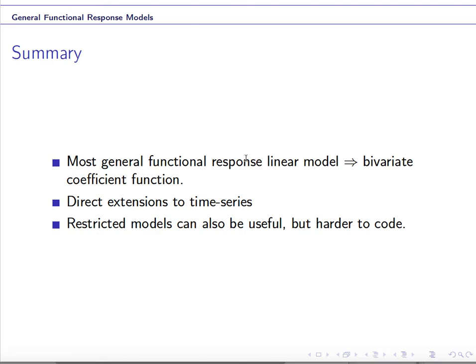Also, for these functional linear models, there's a direct extension to time series, which we call functional time series, where at each time we have a function instead of just a number. We also learned the restricted functional linear models. These are more useful, but harder to code because you cannot use the tensor product of the univariate basis functions anymore.